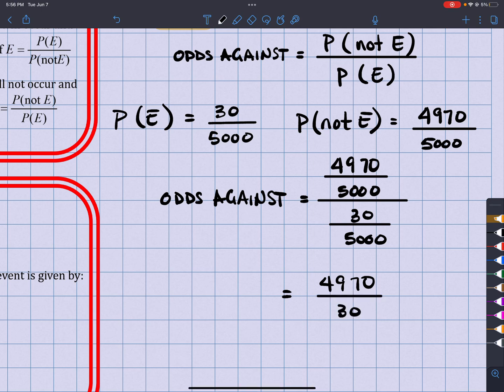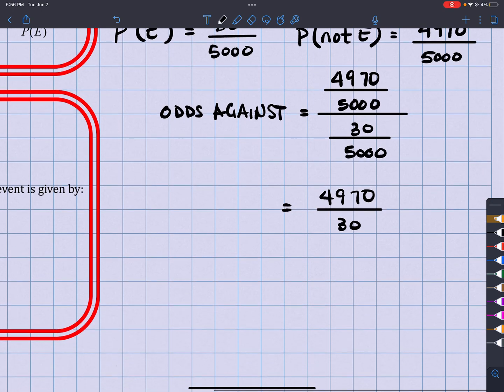And what does that reduce to? So 4970 over 30. Okay, so this is going to be 497 over 3. So only 10 can go into both. So that is your odds against. It's going to be 497 to 3.